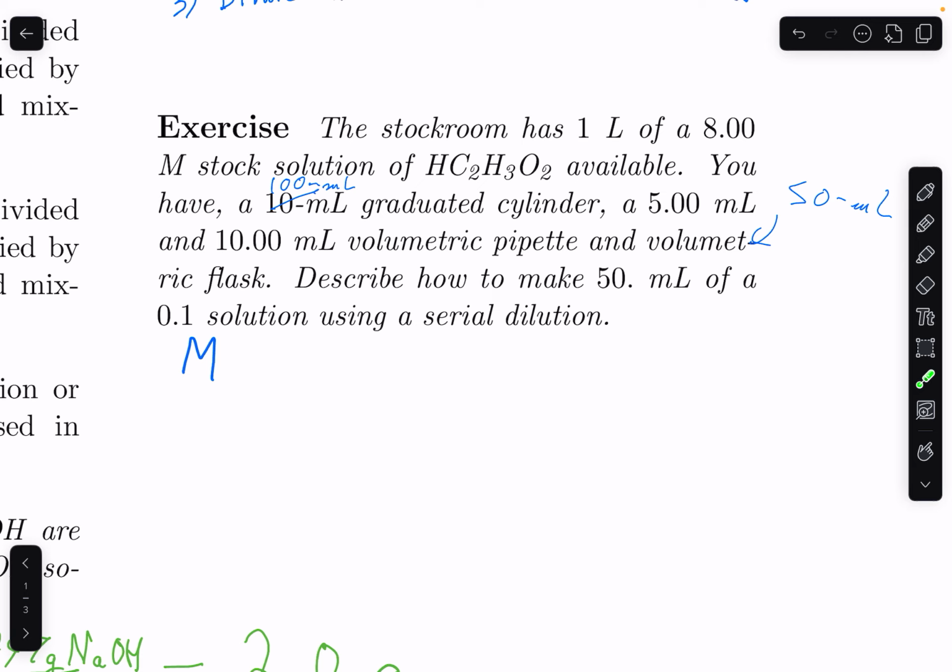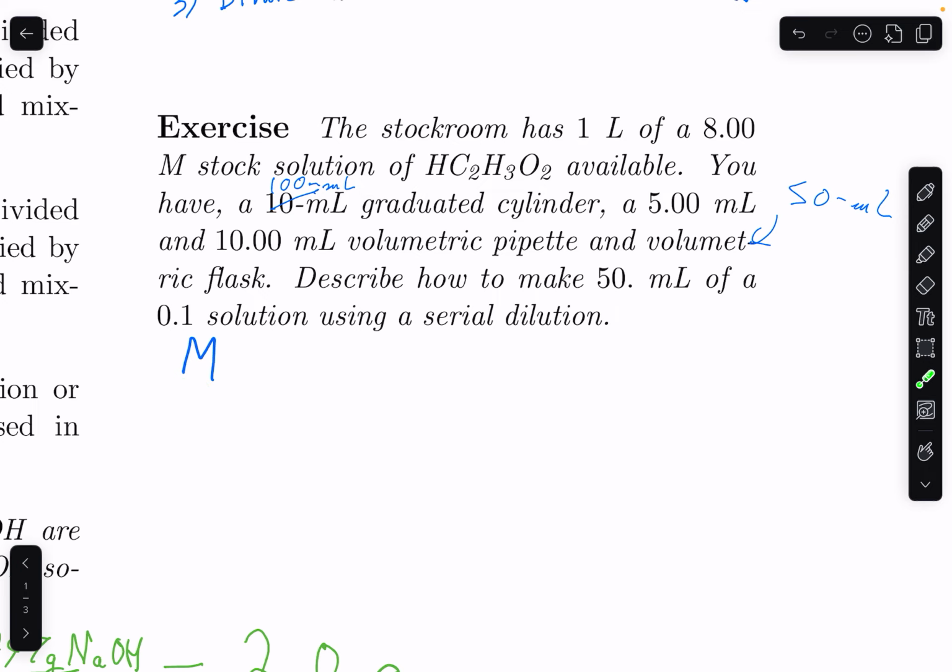The goal here is to avoid that, and so you avoid it by measuring out a smaller amount of your solution here, and your goal is to make not a 0.1, but maybe you make a 0.8 molar solution. So, and then you take a portion of that to make your 0.1 molar.